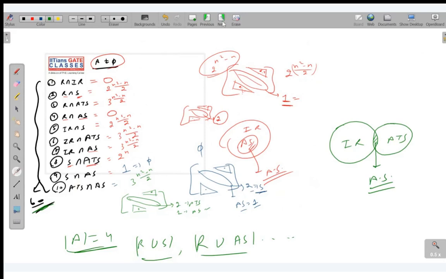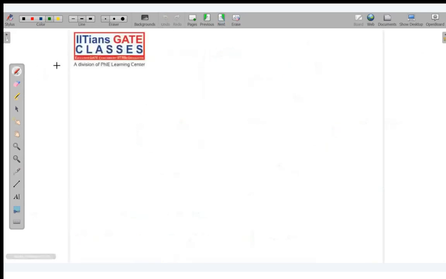Take a snapshot. I will jump to the next slide. Okay, so now we are going to find the number of relations possible. That is also very important, so they will ask many times. So we have done number, size, smallest, largest. We will say smallest size, largest size.